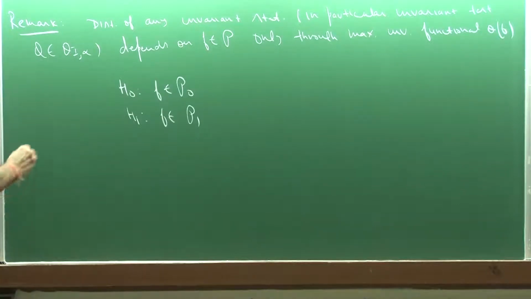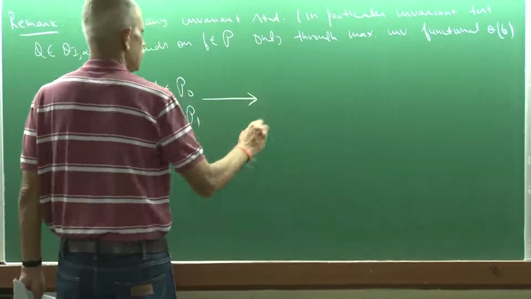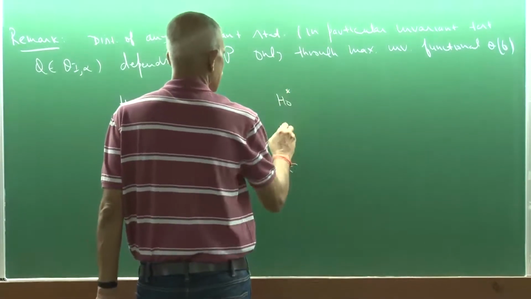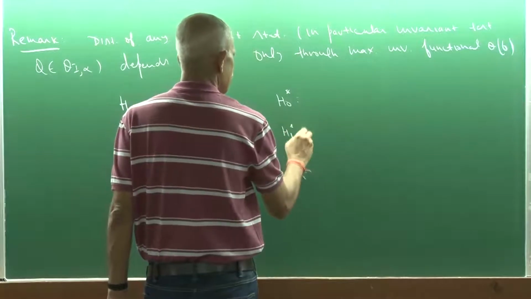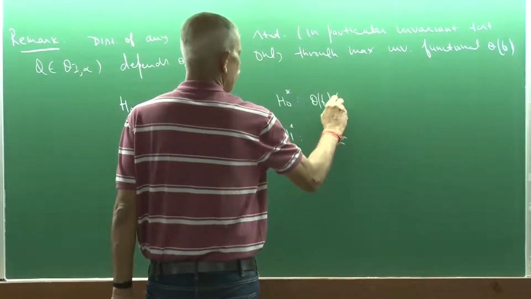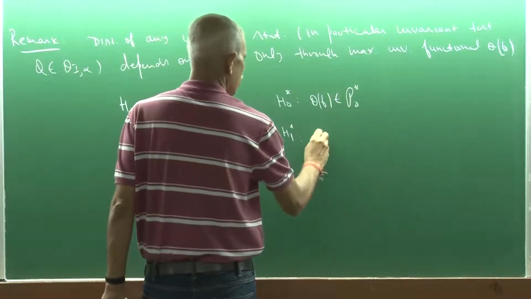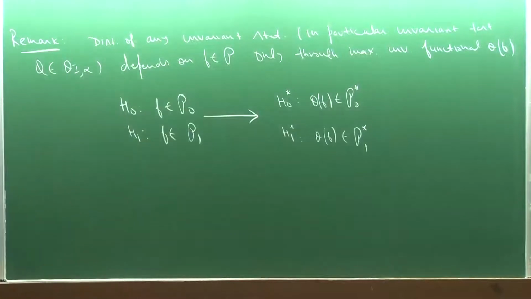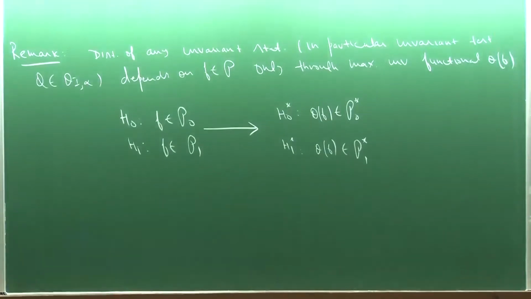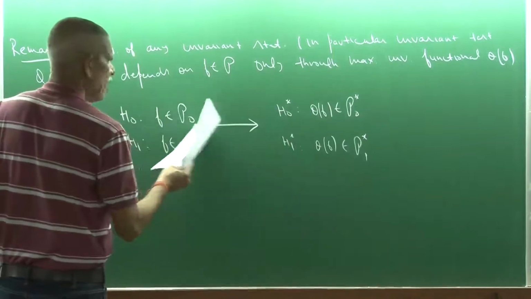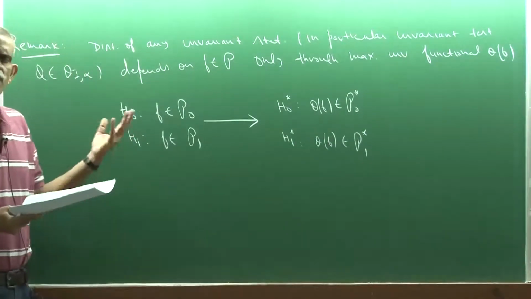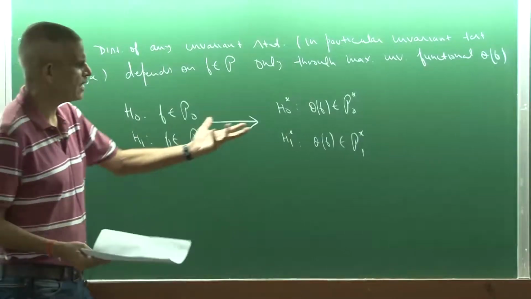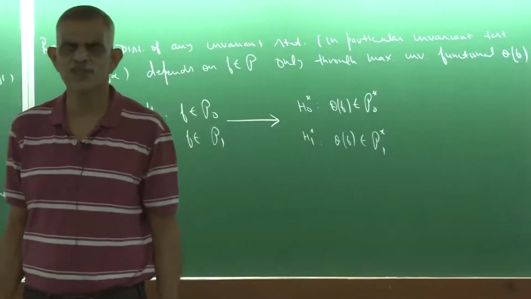So this gets transformed to H naught star or H1 star: theta f belongs to P0 star, or theta f belongs to P1 star. Because invariant tests depend on f only through theta f, testing f belonging to P0 would be equivalent to testing where theta f belongs, because that is what matters.